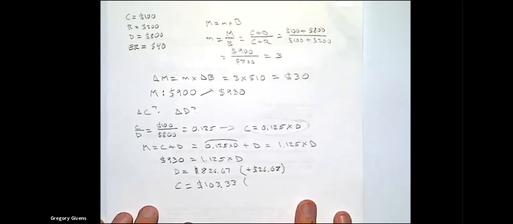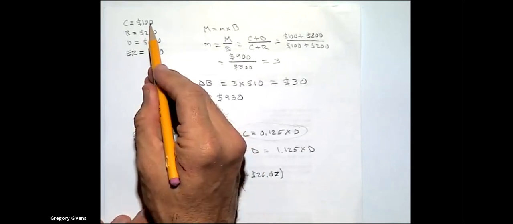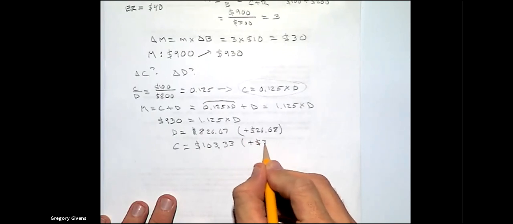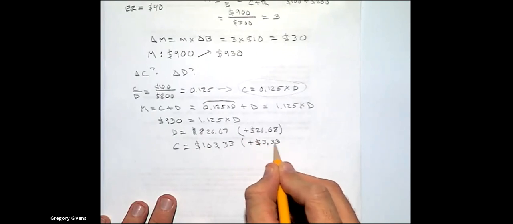Okay, so how much have currency holdings increased in our economy then? Well, what was currency originally? It was 100 billion. Now, after the open market operation, currency in the economy is 103.33 billion. So currency has increased by 3 1/3 billion dollars. You see what's happening here?